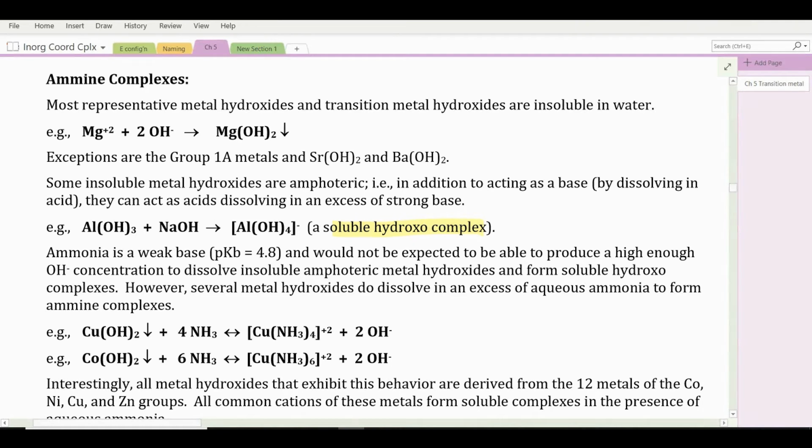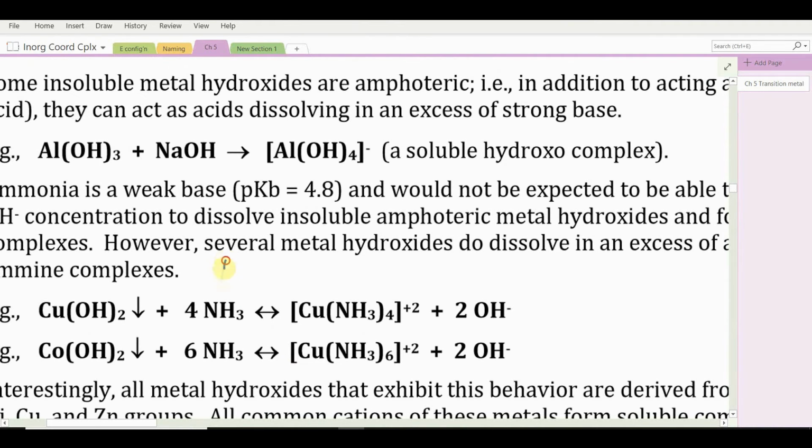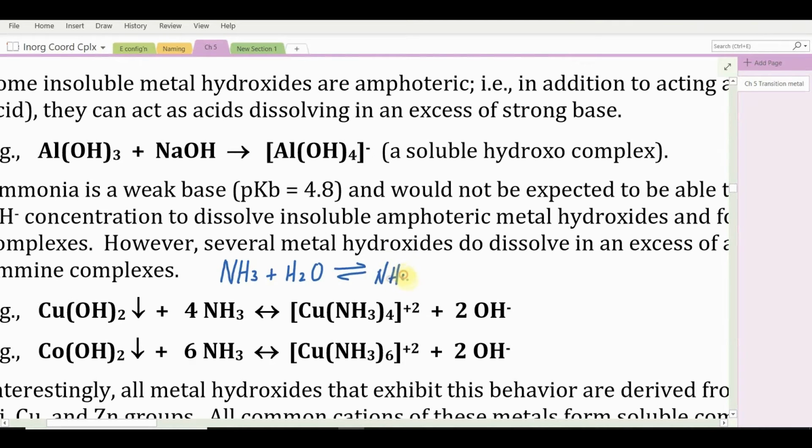Now, ammonia is a base. If we put some ammonia in water, it's a moderately strong base. It ionizes to some extent, producing ammonium ion and hydroxide ion.